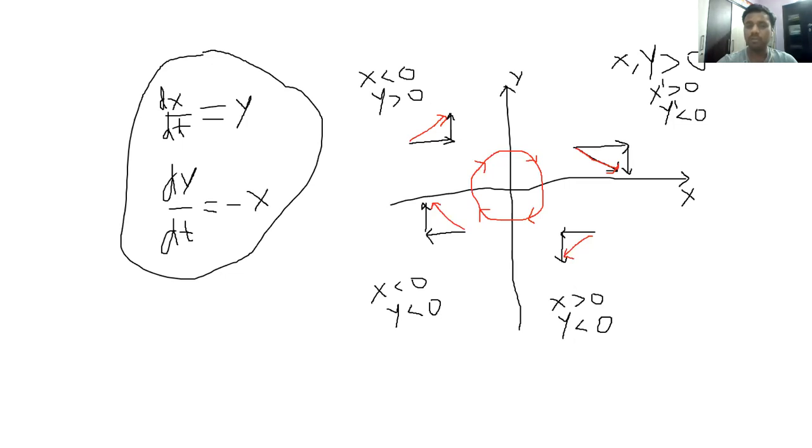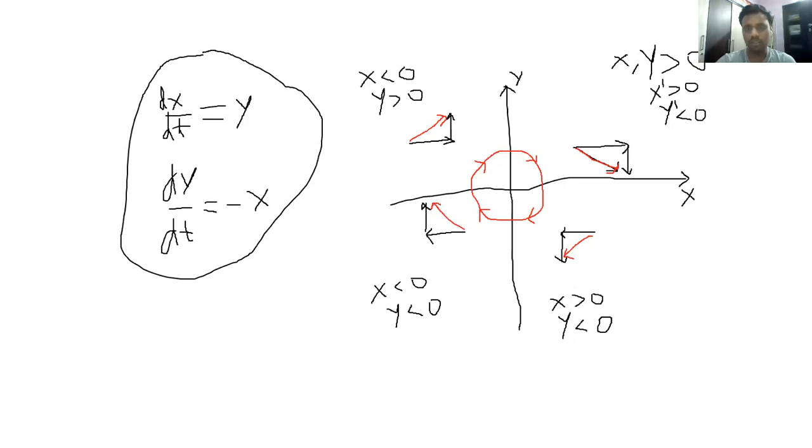And infected are given as 1 for the first case, so it is just near the x-axis. In the second case I is 20, and the third one I is 50. So these are the different trajectories for different values of the initial conditions.